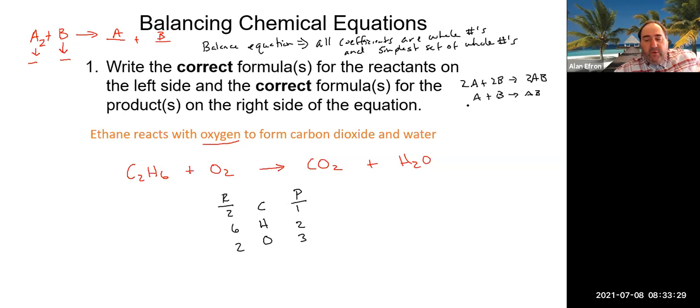And this one here would be the properly balanced equation. The one above would not be the properly balanced equation, again, because you could reduce down all of the coefficients and still get whole numbers.